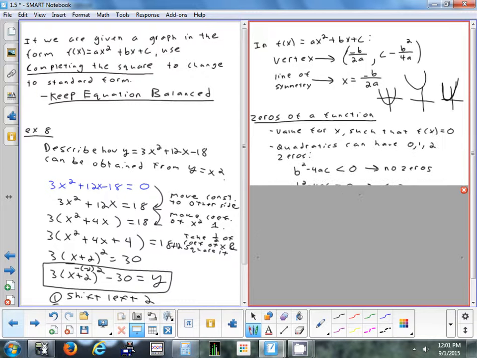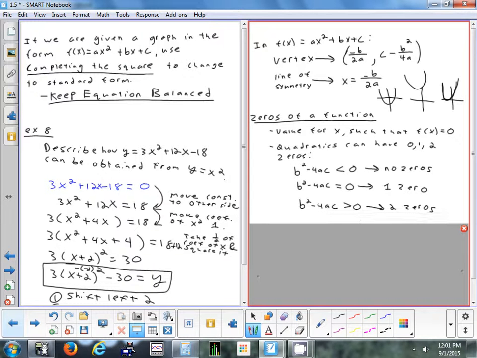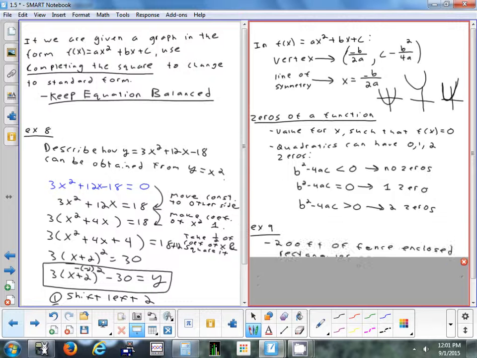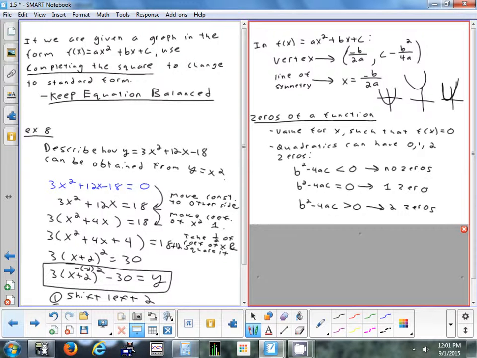All right. So quadratics can have no solution, one solution, or two solutions. And very quickly you can check how many solutions it has just by using this formula, b squared minus 4ac. You probably remember that from the quadratic formula. This is the part that's under the square root. Right? If b squared minus 4ac comes out less than 0, there's no solution, because it would come out negative.